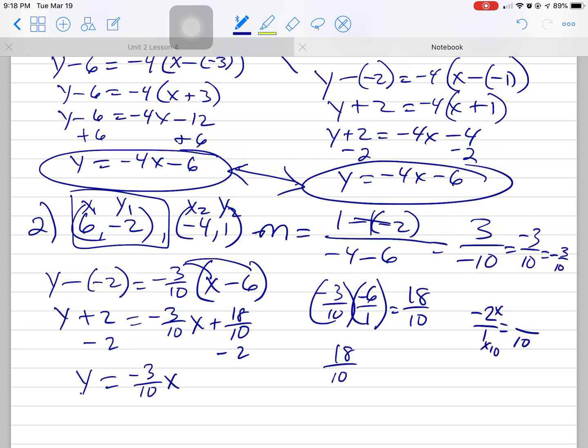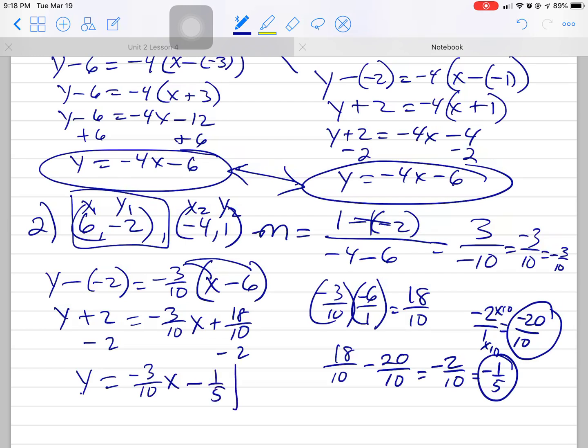This would be times 10, so this would be negative 20. Negative 20 tenths is the same thing as a negative 2, okay? So you end up getting a negative 2 over 10, which is the same as negative 1 over 5. So this is going to be minus 1/5, my final answer.